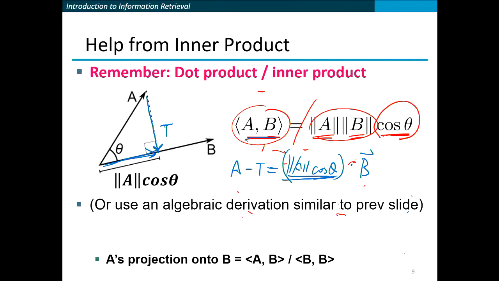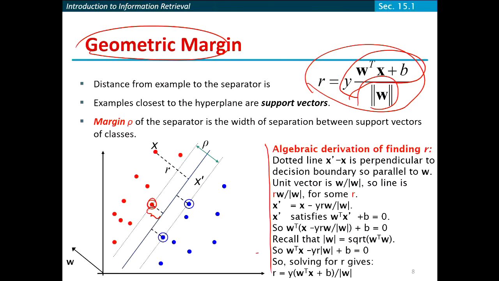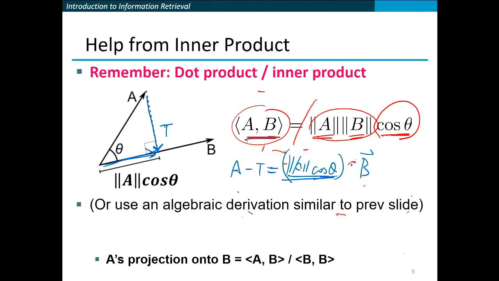Okay? So the other way is actually similar to the previous one, but the previous one is a little bit messier. They use the functions. What you can do is another way, where you don't use this one.